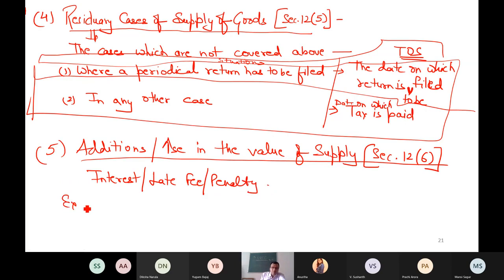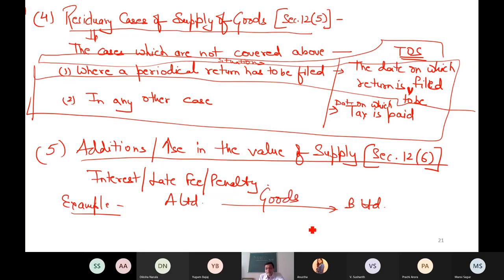Let me understand it with the help of an example. A Limited supplies goods to B Limited. The goods supplied were, for example, 40 lakh rupees, and there was a provision that if B Limited does not make the payment on time to A Limited, then let me assume 2% interest per month will be charged.